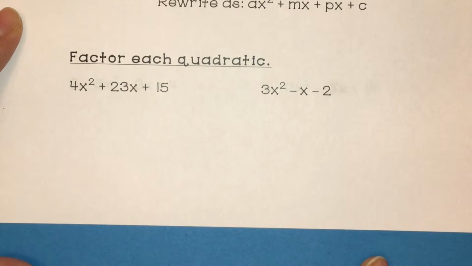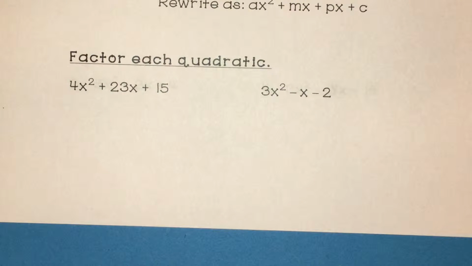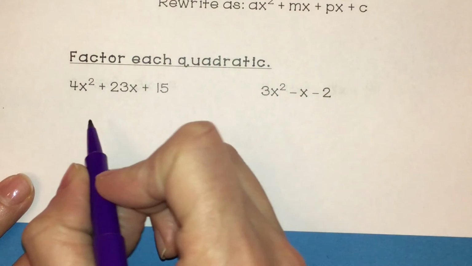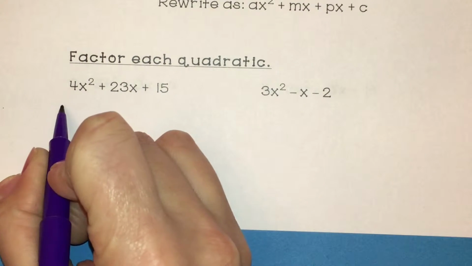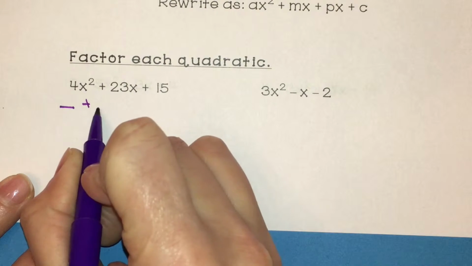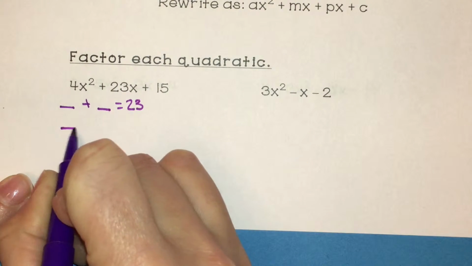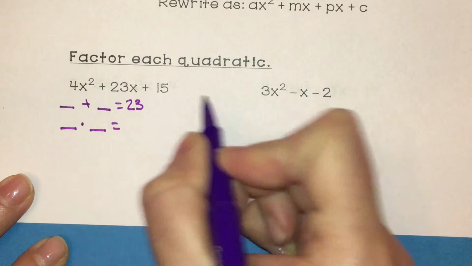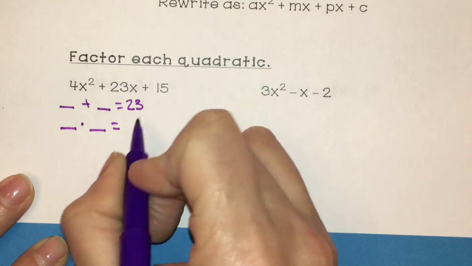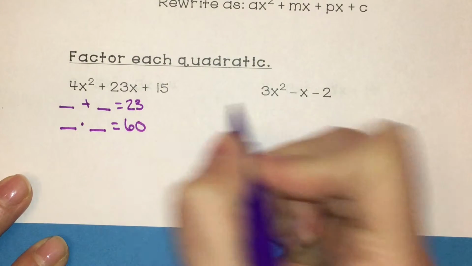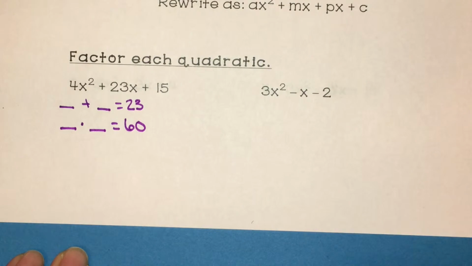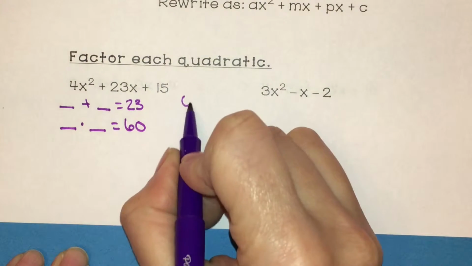Our first one is 4x squared plus 23x plus 15. I need to figure out which two numbers add together to equal 23 and multiply together to equal 4 times 15, which is 60. The easiest thing to do is look at the factors of 60.